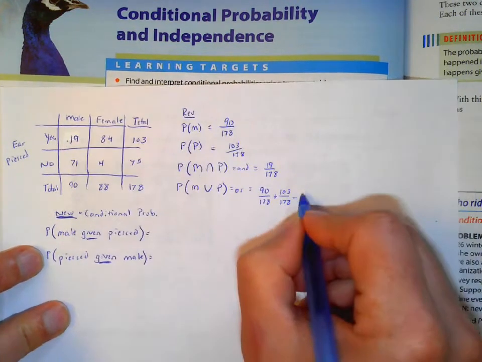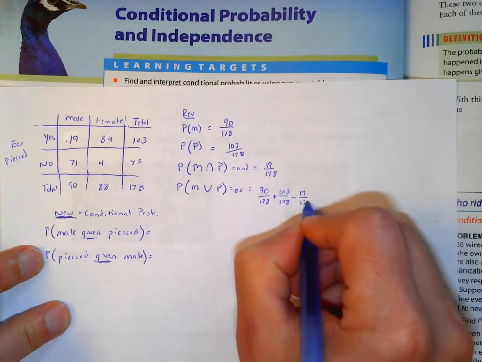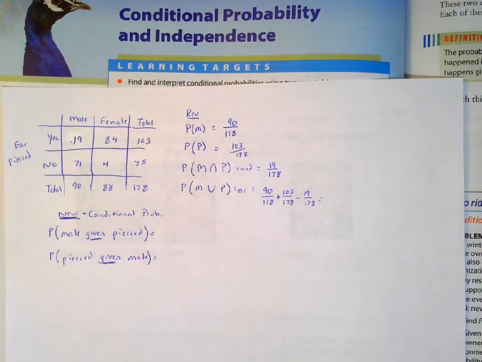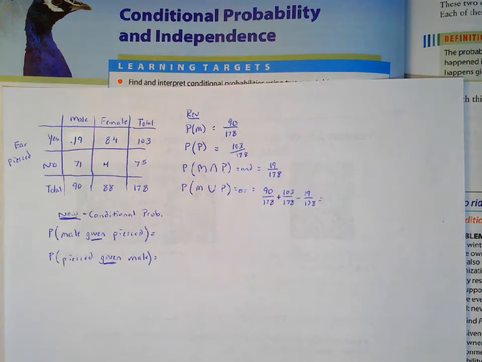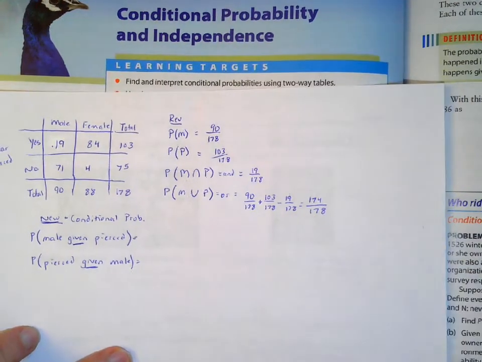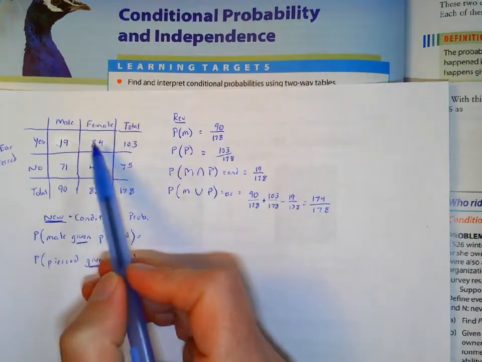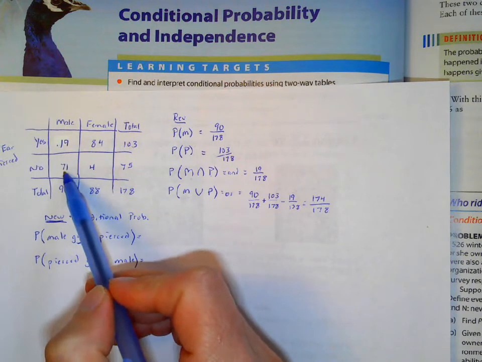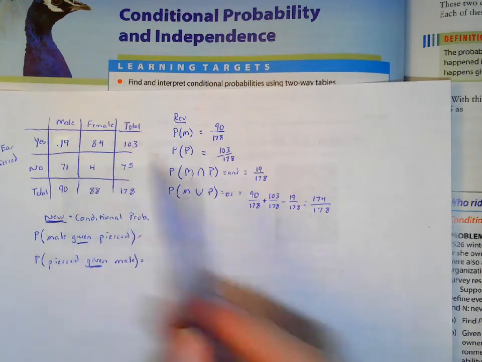So I want to subtract those 19 people away. Let me get my calculator. 90 plus 103 minus 19 gives us 174 people out of the 178 people. Another way to think about that is you could add all those categories together.